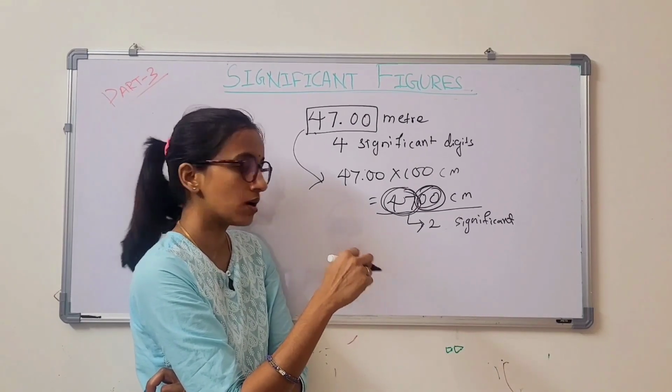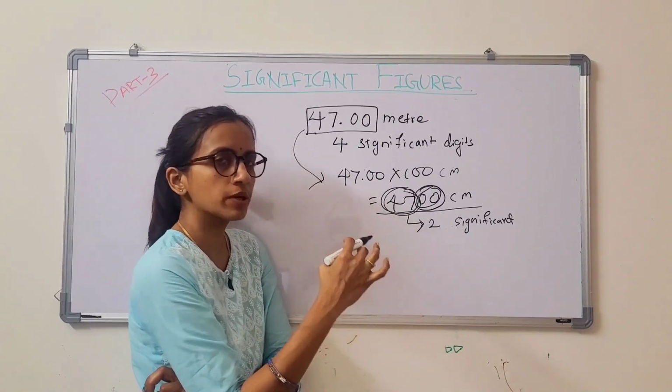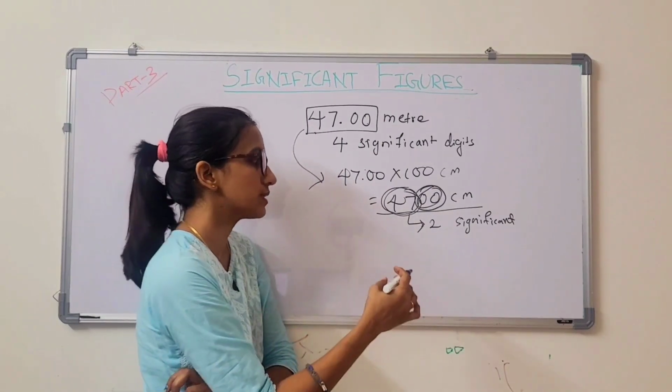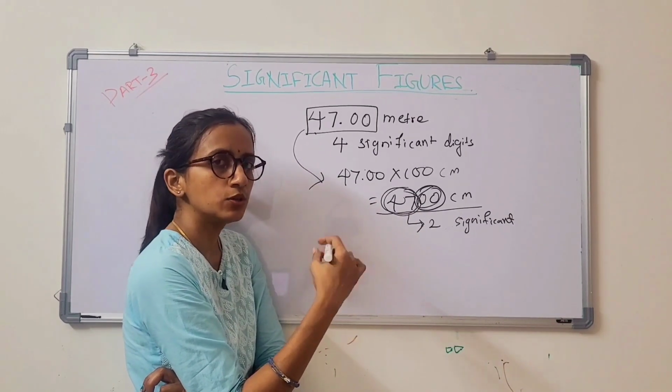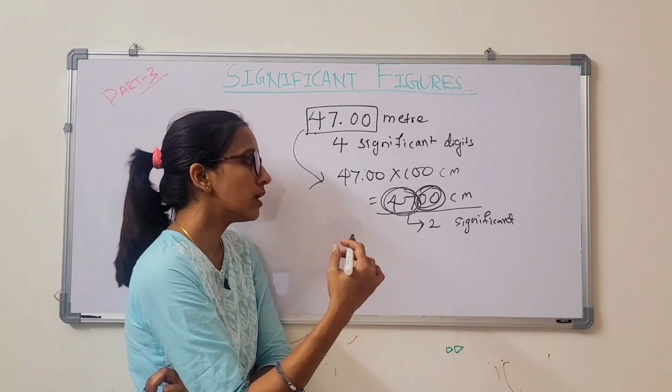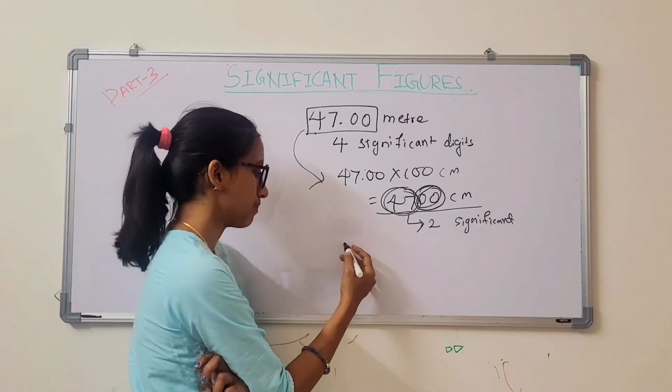How can this happen? For this reason, to eradicate this ambiguity in determining the significant numbers, what do we do? We write every measurement in a scientific manner.